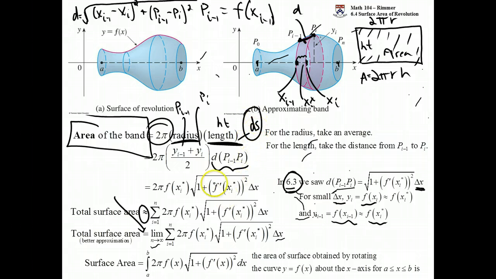So the formula from arc length is now going to be a part of the formula for surface area. This whole taking the derivative and squaring it and adding 1 and having a root, that's now part of this formula as well. But there's more to it than just that. If it was just that, it'd be arc length, but now we have this extra part here, and it's all because we're taking and unrolling this band and getting the area of the band to be 2 pi r times h.